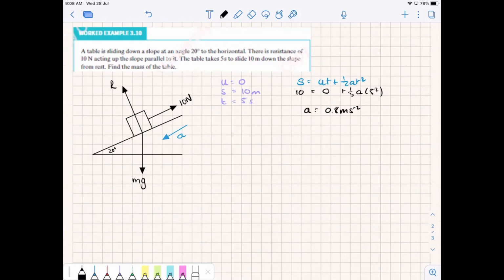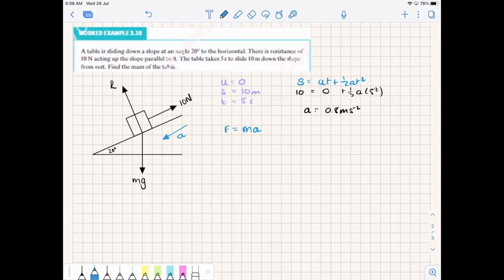Okay, now that I have the acceleration, I can start to work out the forces. So we want to work out the mass of the object, and in order to calculate the mass of the object, we need to know what forces are acting on that object in the direction of the acceleration.